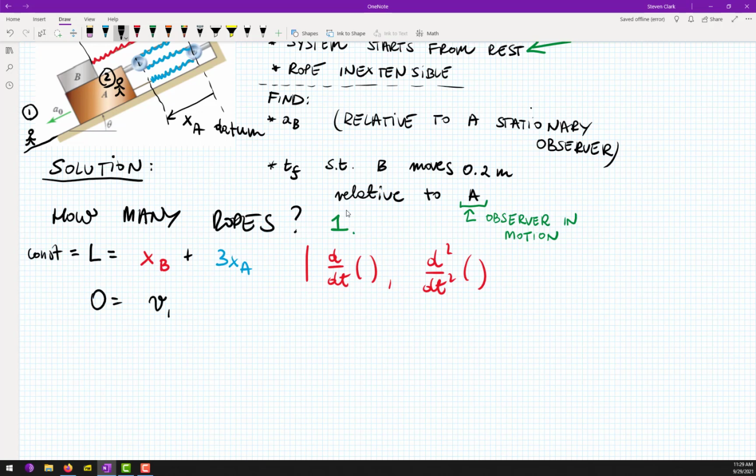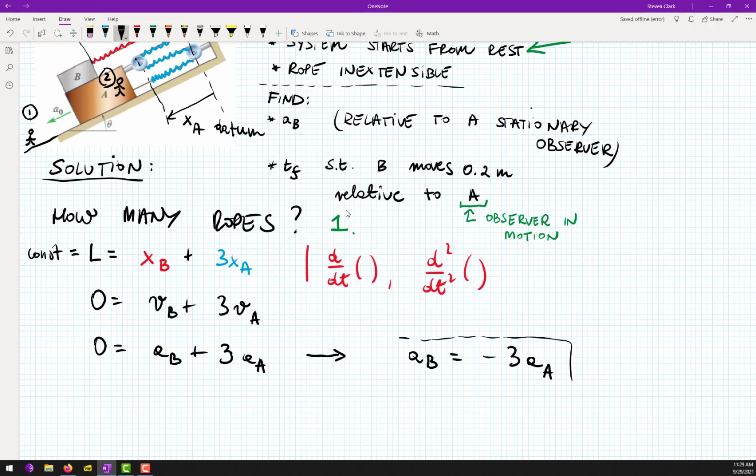This is equal to VB plus 3VA, and this will be equal to 0: AB plus 3AA. That means that our AB is equal to minus 3AA. So this is actually the answer.